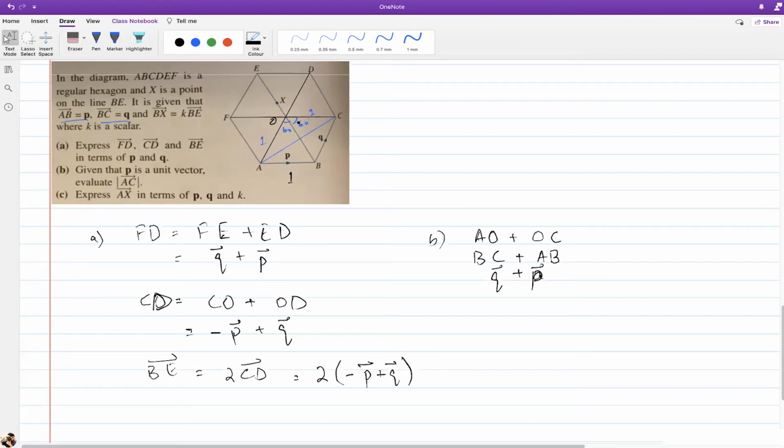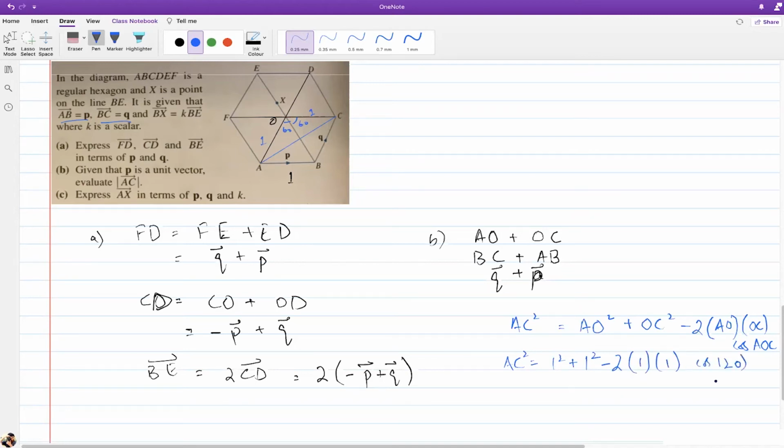Sure, of course. So I have AC squared is equal to AO squared plus OC squared minus 2 times AO times OC times cos of the angle between AO and OC. So AC squared is equal to AO, the length is 1, so 1 squared, plus again OC is length 1, 1 squared, minus 2 times again 1 and 1, times cos of 120.